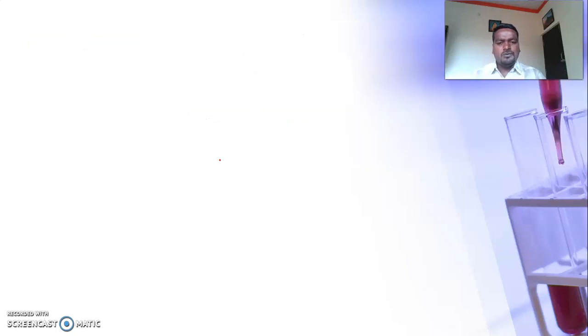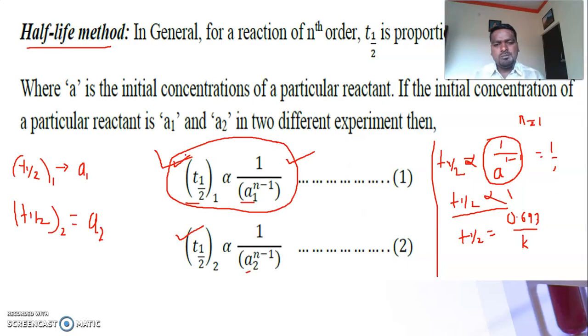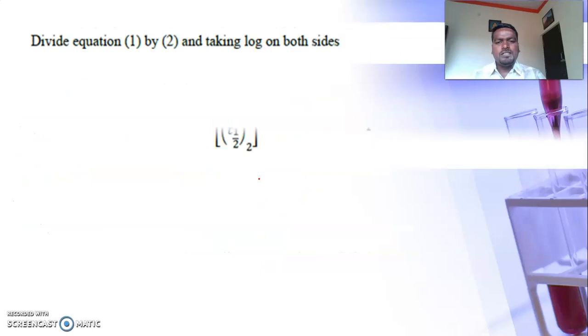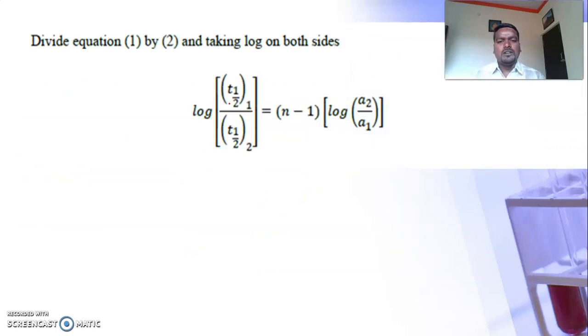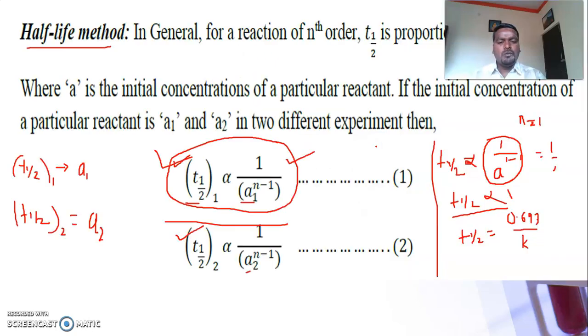If you divide and take log on both sides, you get log of t half 1 by t half 2 is equal to n minus 1 into log of A2 divided by A1.